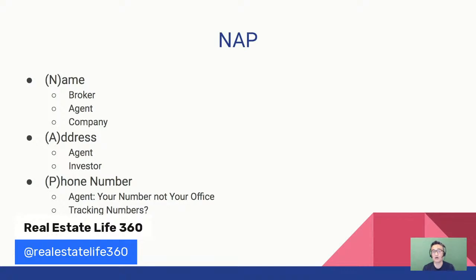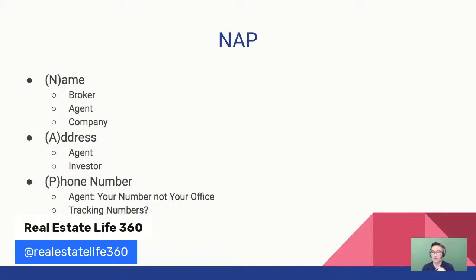You can use an office where your business is actually listed, and there are services out there for that. But for agents, you definitely want to use your brokerage. For investors, whether you have an office or not, those are the two ways.